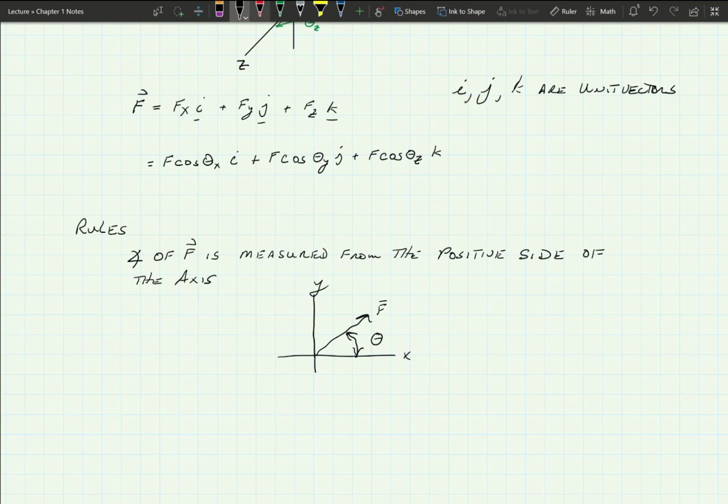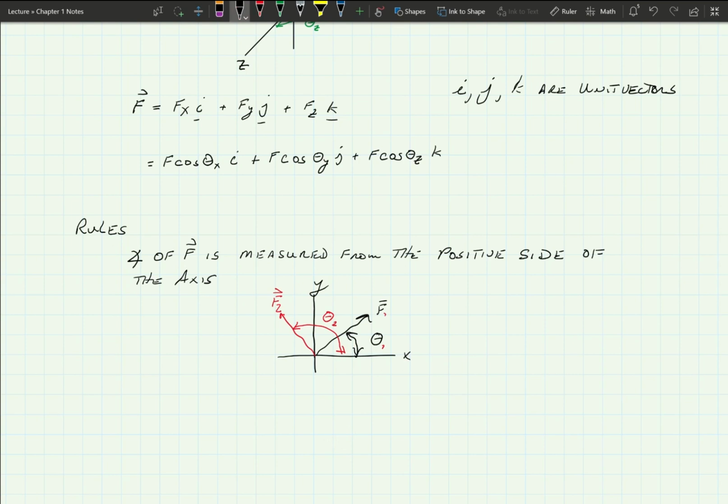It could be a vector here, and it's going to come from there. So that'd be theta 2. That one will be theta 1. And F2... there we go. So you can see where those are coming from.